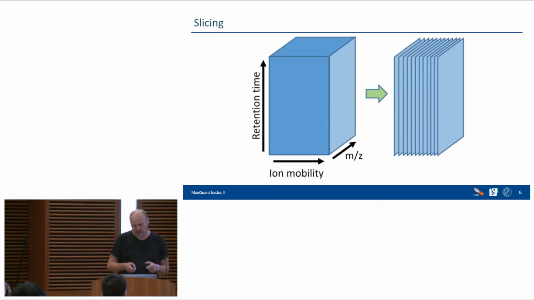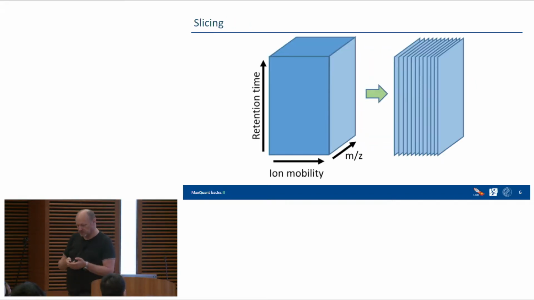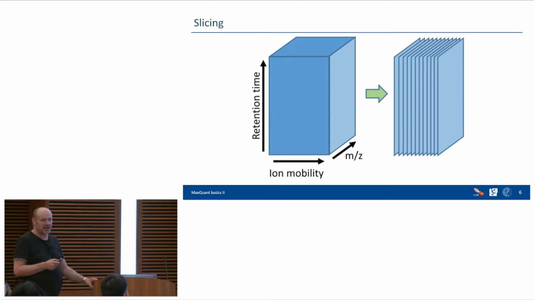So how do we go on? We have the data cube consisting of retention time, ion mobility, and mass, and from this we now take slices. We slice it in the ion mobility direction, and then we analyze further these slices, which consist of the smooth data.